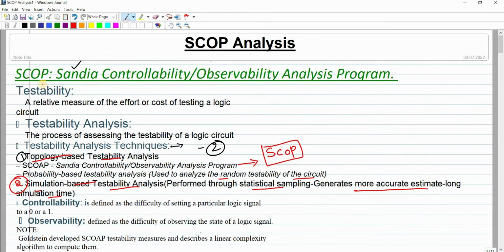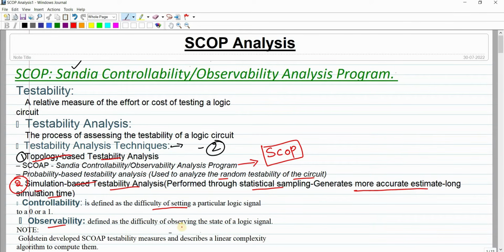Okay, fine. So SCOAP means Sandia Controllability Observability Analysis Program. Let's define what is controllability and observability. Controllability is defined as the difficulty of setting a particular logic signal to a logic 0 or a logic 1. What is observability?